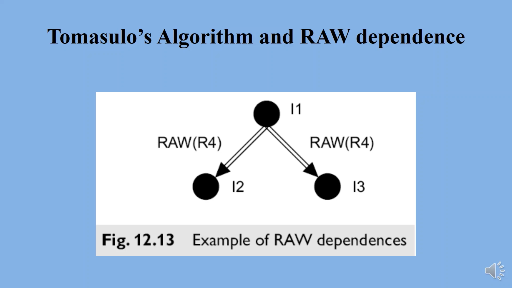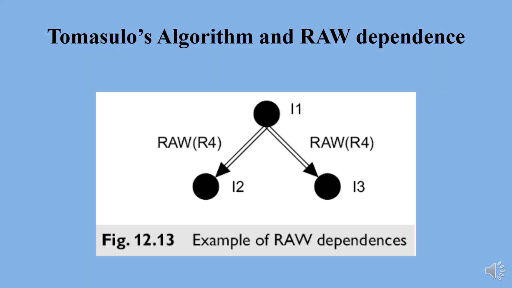When the result of I1 becomes available at its functional unit, it is sent over the common data bus along with the tag value of its source, that is, the output of the functional unit. At this time, programmable register R4 as well as the reservation stations assigned to I2 and I3 have the matching source tag, since they are waiting for the same result value which is being computed by I1.